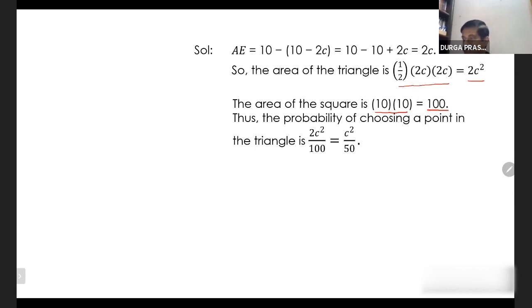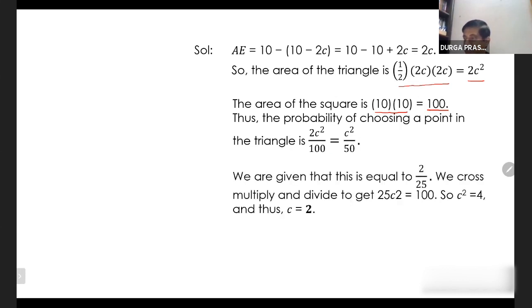So probability is 2c square by 100, which is c square by 50, and that is given as 2 by 25. So c square by 50 is 2 by 25, c square is 4, so c should be 2, which is option C.